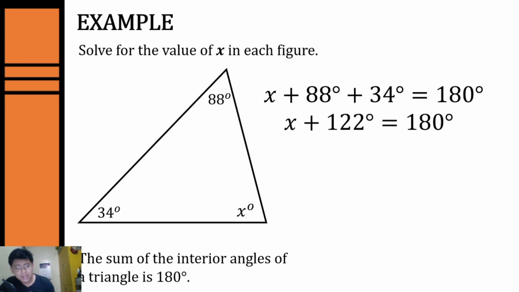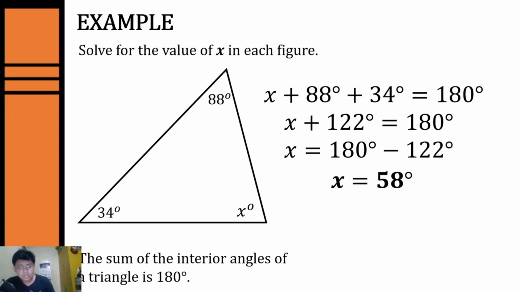Let's combine like terms. 88 plus 34 degrees, we have 122 degrees. Let's transpose 122 degrees to the other side of the equation. We will have 180 degrees minus 122 degrees. Subtracting that, we will have the value of x that is equal to 58 degrees.